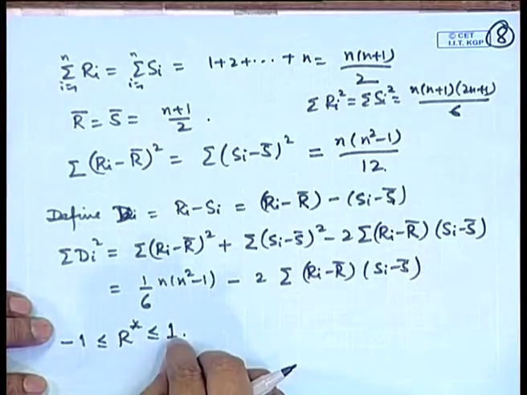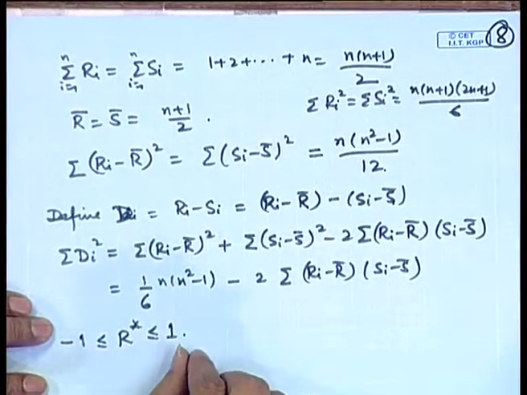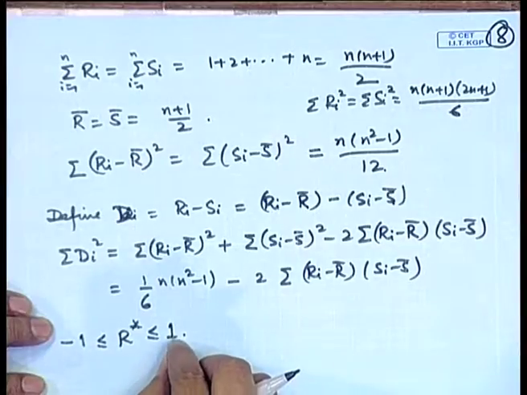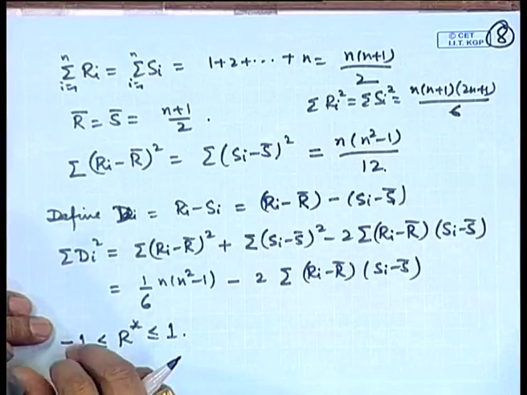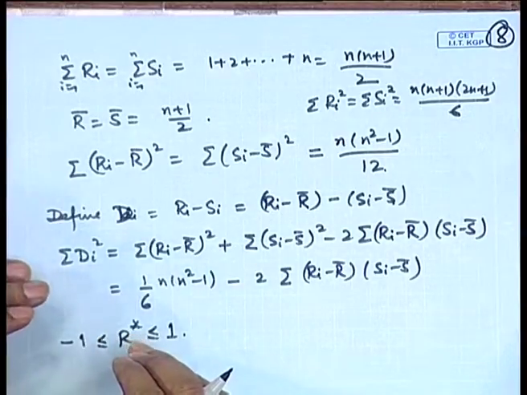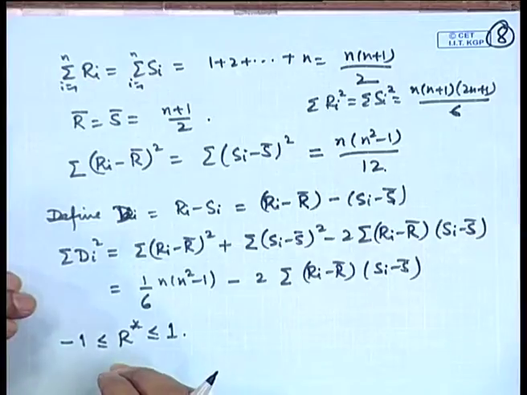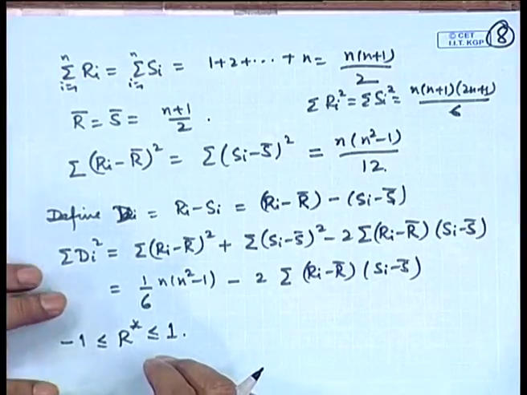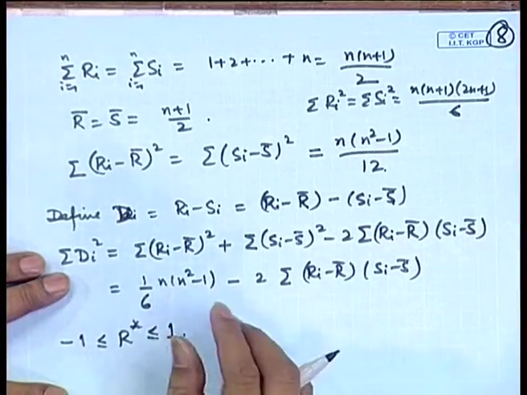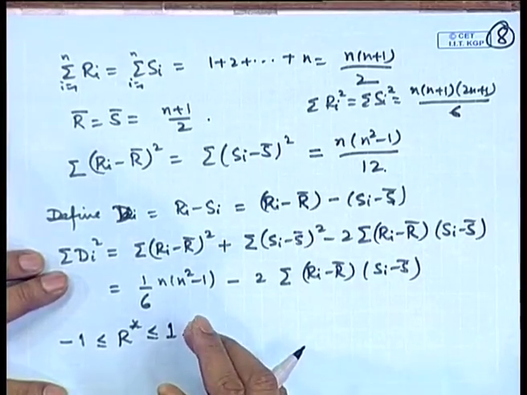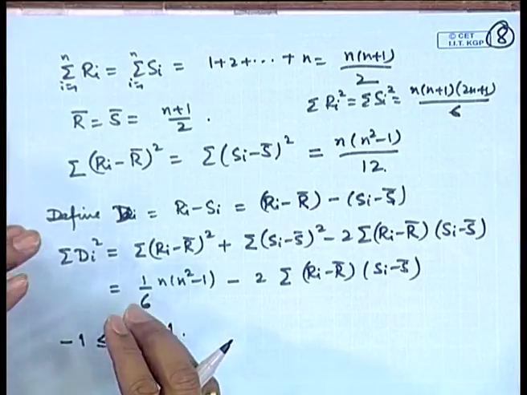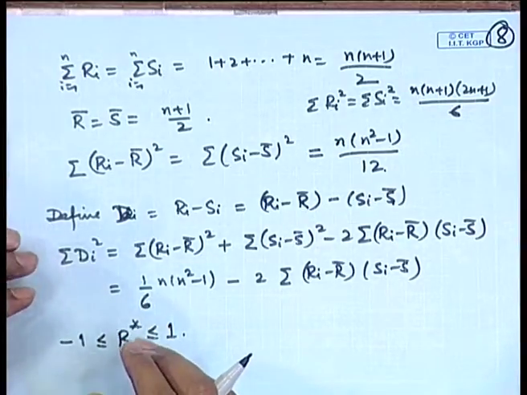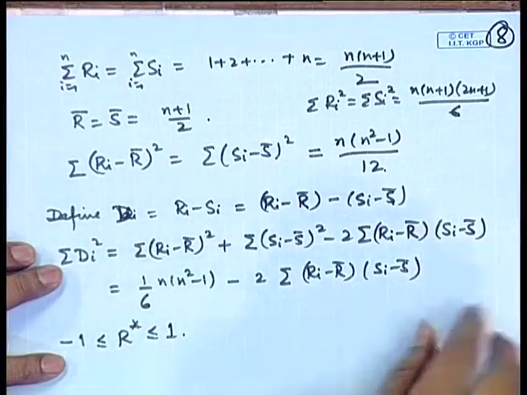For example, if r star is equal to 1, that shows a perfect positive linear relationship between the ranks r and s. Similarly, minus 1 denotes a perfect negative linear relationship between the ranks r and s. So, all the observations related to the Karl Pearson correlation coefficient are valid here also. The only difference is that the correlations are calculated for the ranks rather than the raw values.